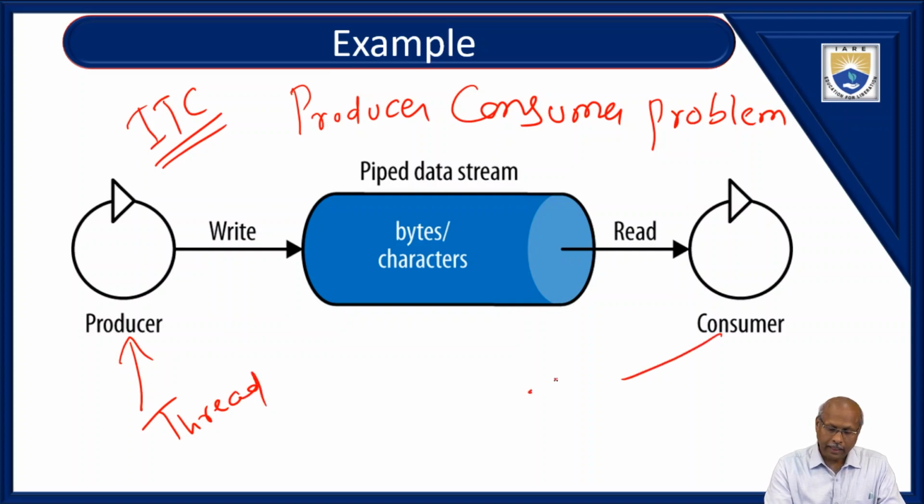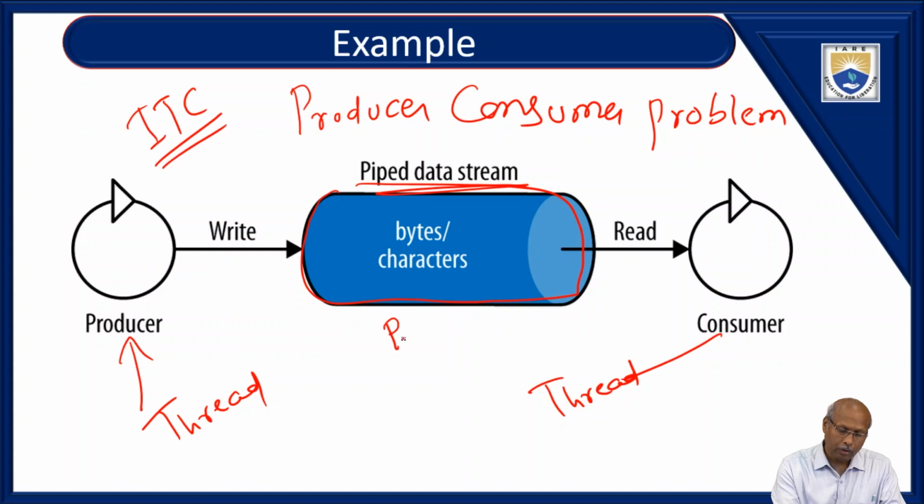The consumer is the second thread. The piped data stream is my resource. This resource will be utilized by the producer as well as the consumer. The duty of the producer is to produce something. The duty of the consumer is to consume something.